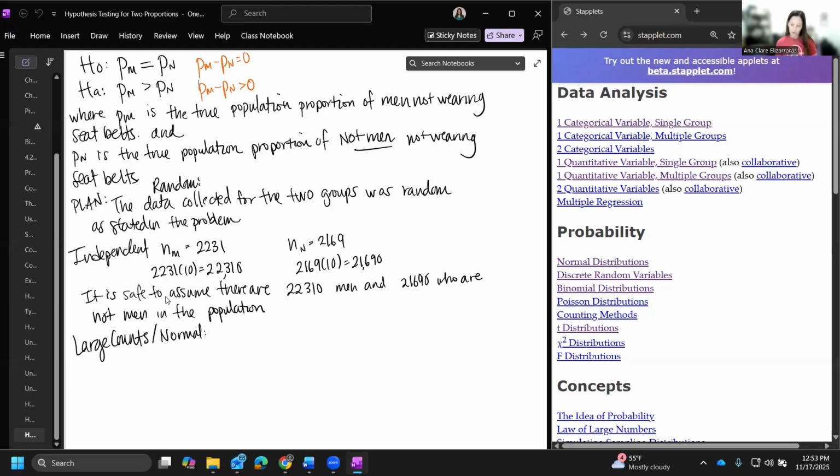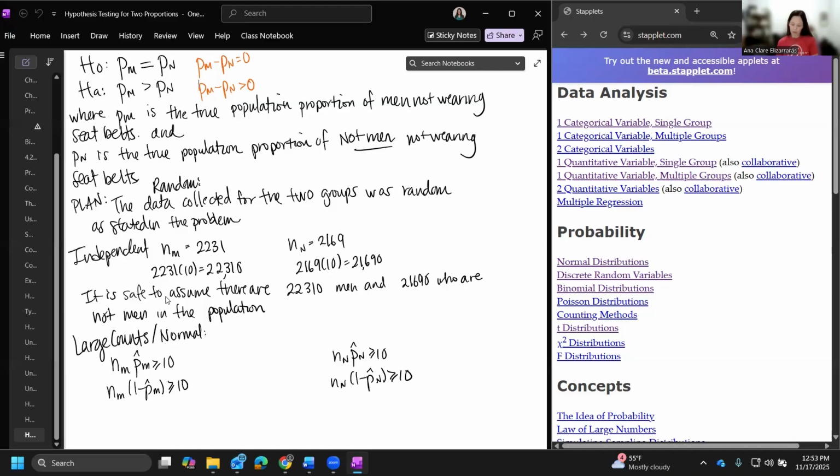So first of all, we need to test not men sample size times the proportion, men and not men. And we need to take the failures as well for both. So successes and failures from the sample.